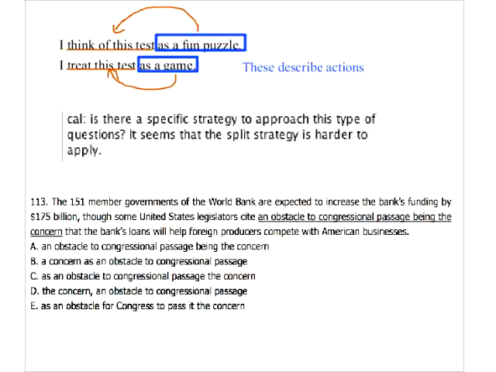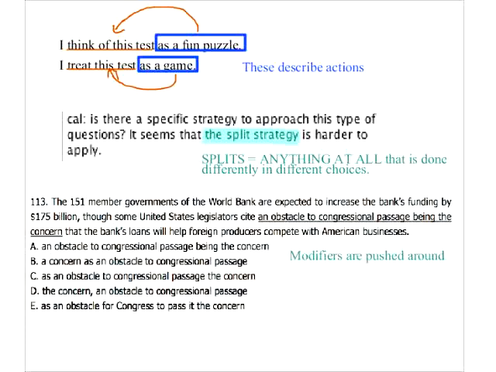Because, I mean, a split doesn't have to mean like, oh, these things are directly underneath each other. That's not accurate. Splits are just anything that is different at all between the choices. So splits is anything at all that is done differently in different choices. So like anything that changes at all. So if modifiers are pushed around, that's a split.